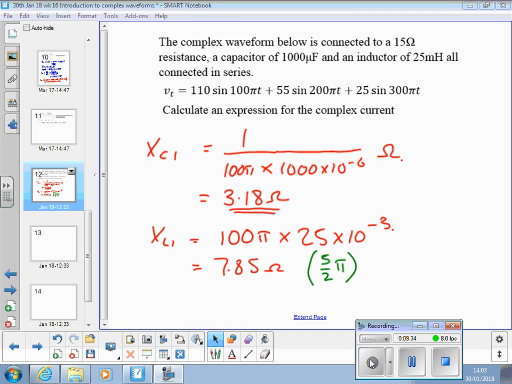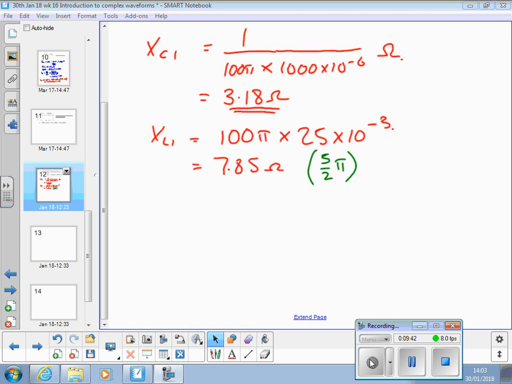Does anyone disagree with 7.85 ohms for the inductive reactance? Lewis, next bit. Total reactance, yeah.